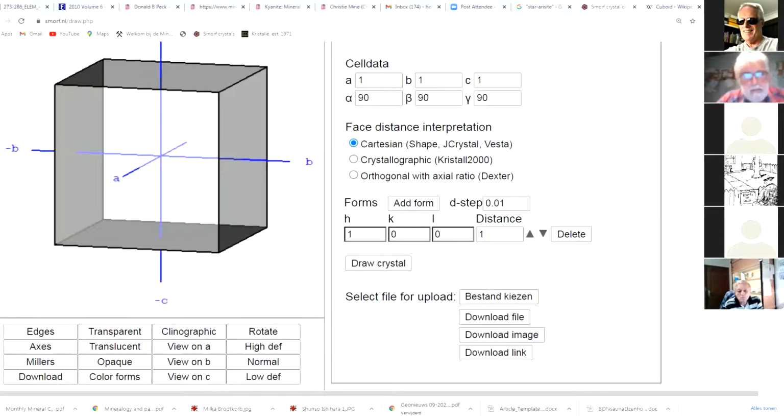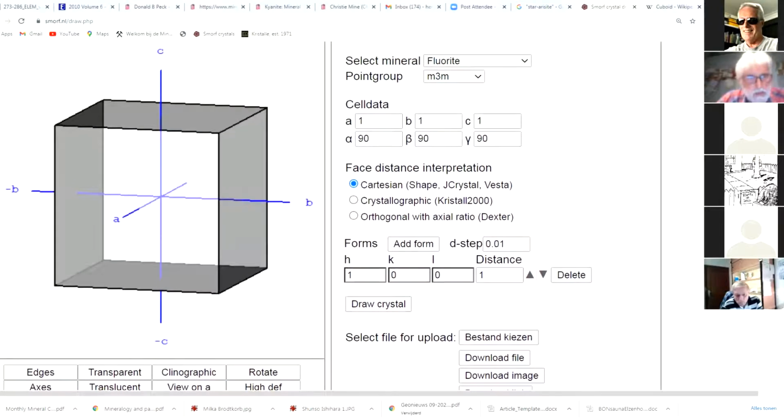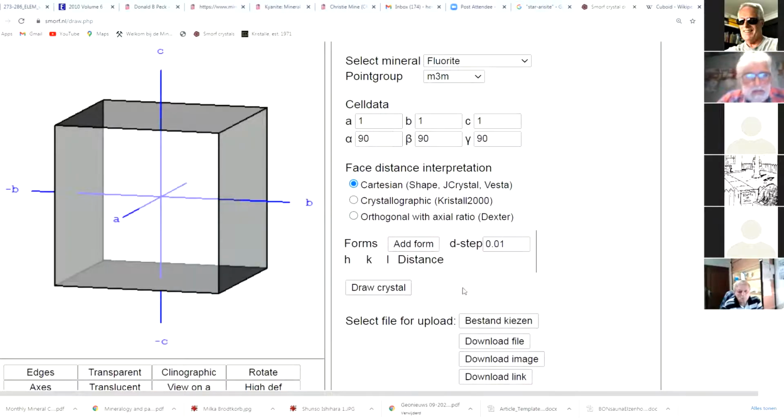Anyway, okay, let's try something different. We're still with fluorite, isometric crystal system, so the most symmetry of any crystal system you have. Let's take another form.